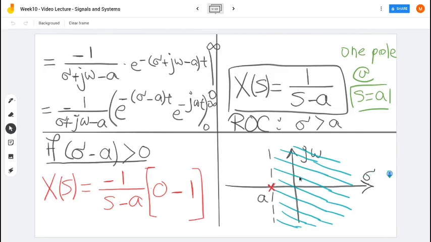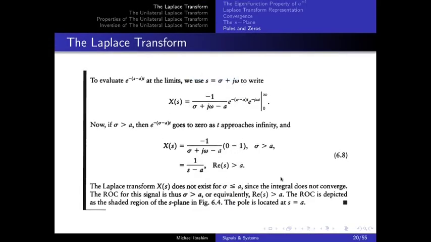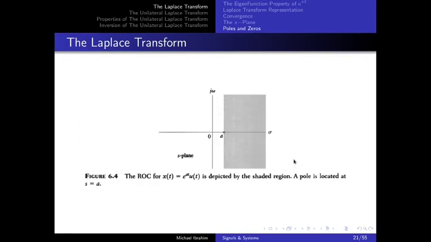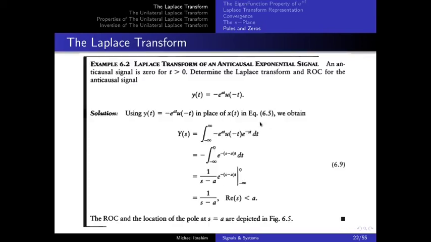The region of convergence usually starts at poles and ends at poles. Okay, so let's move on. This is the region of convergence. So if this is a pole at a, the region of convergence will be kind of right-sided. So again, if you have a right-sided signal, you will get a right-sided sort of region of convergence.